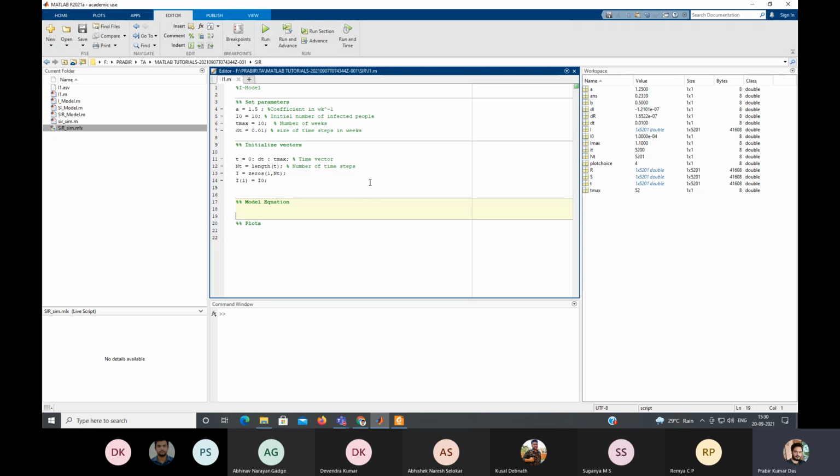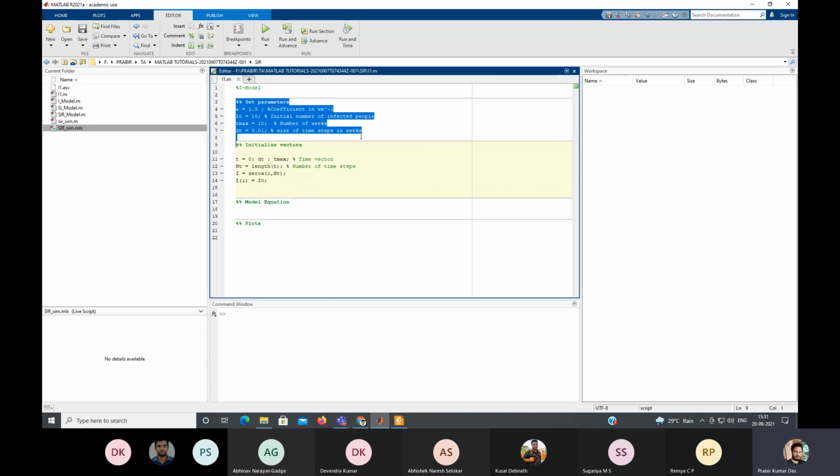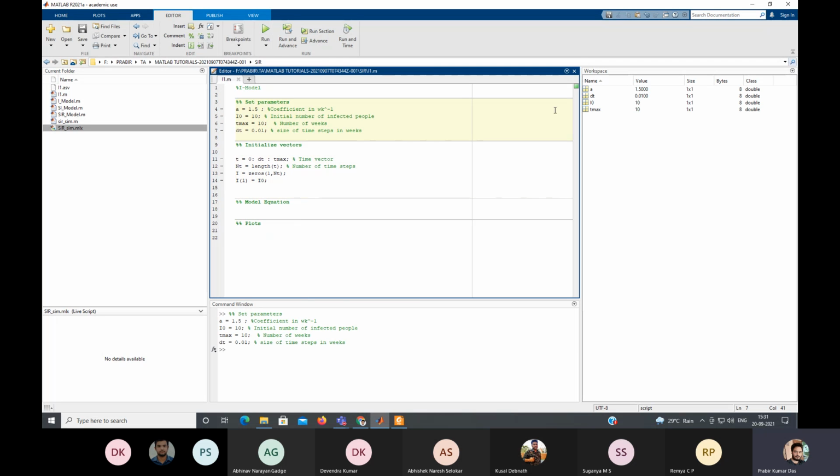There is a small trick. What we have to do is first run this, and it will generate these variables in our workspace.